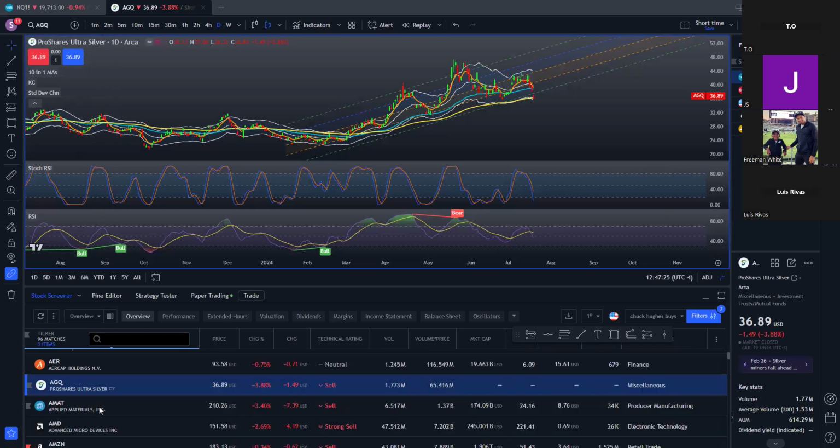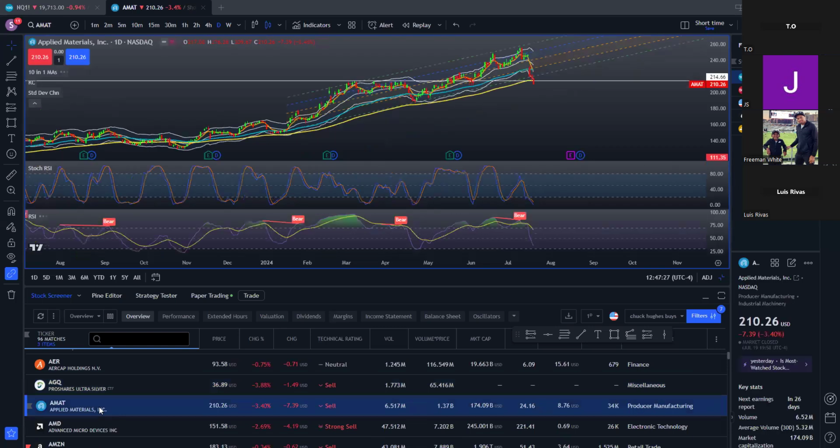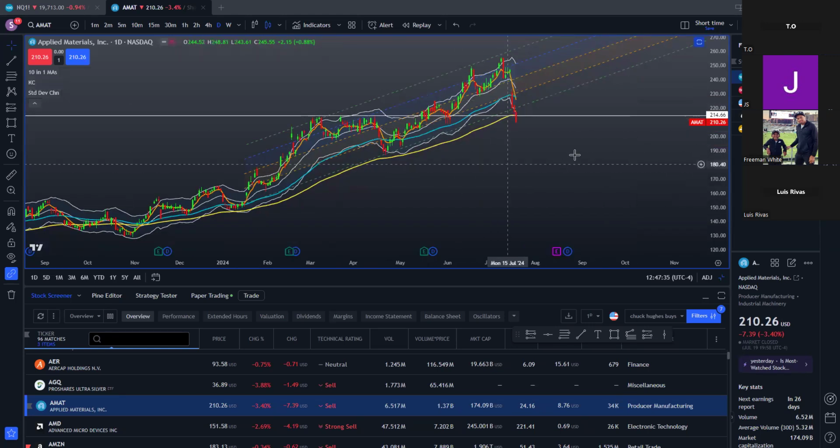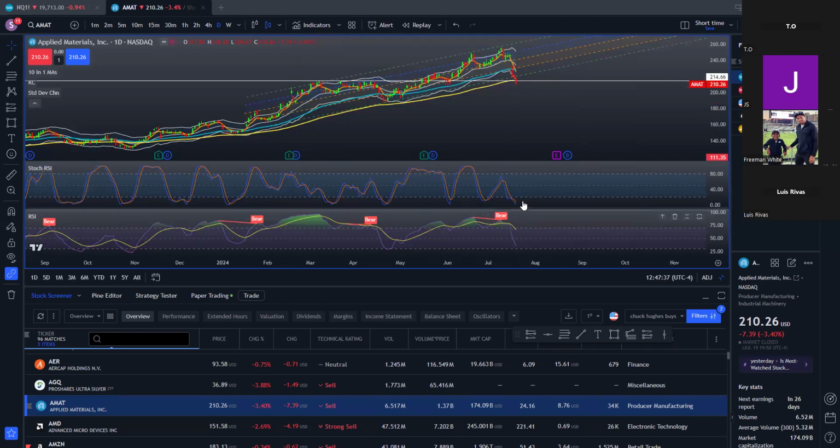So let's see if we got any AMAT. I think AMAT was one of them. So AMAT is just about ready to go back up. The 50 is above the 100. So this is everything I'm looking for. Stochastic is oversold. We're outside the Keltner channel.